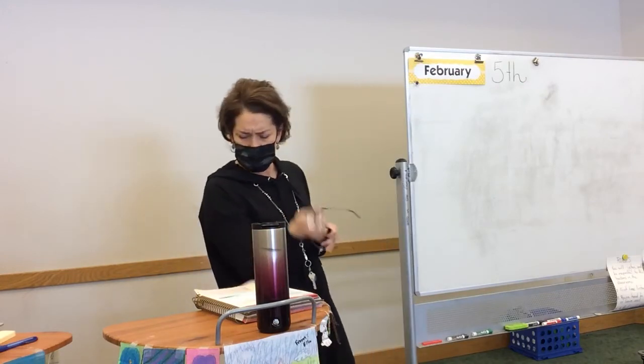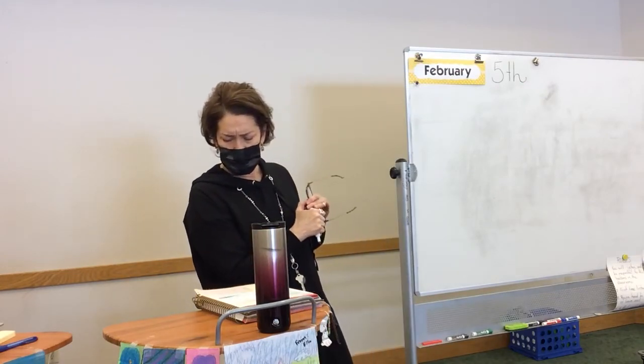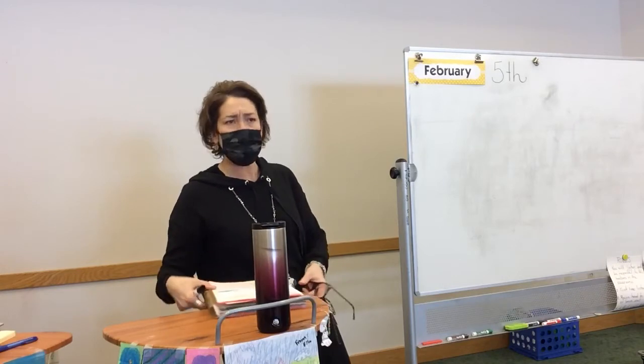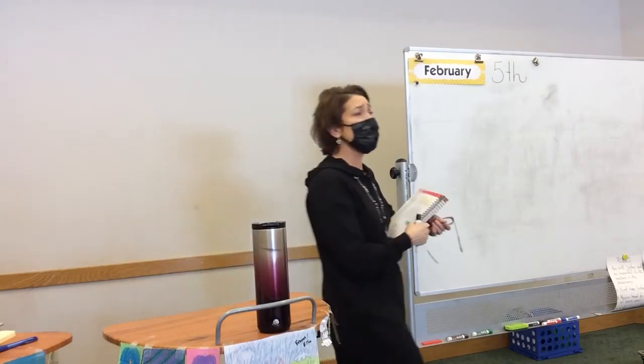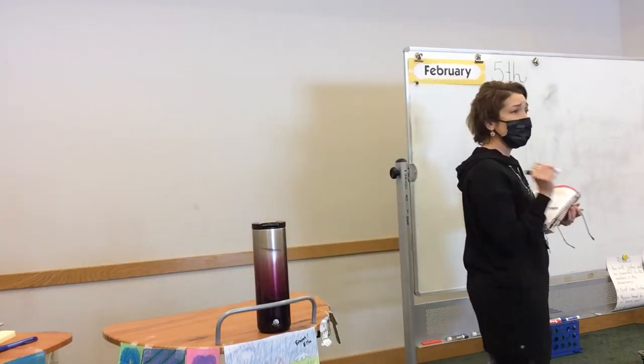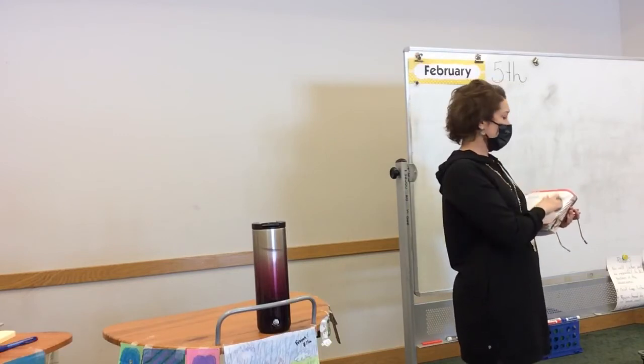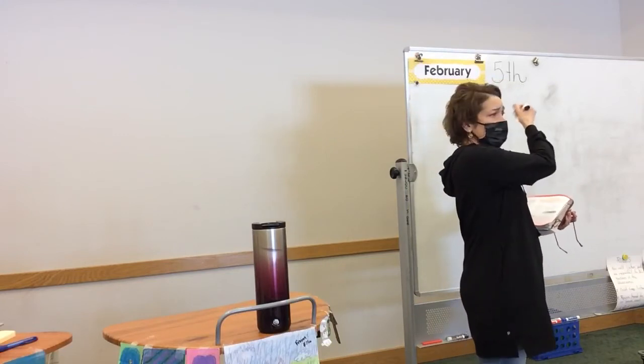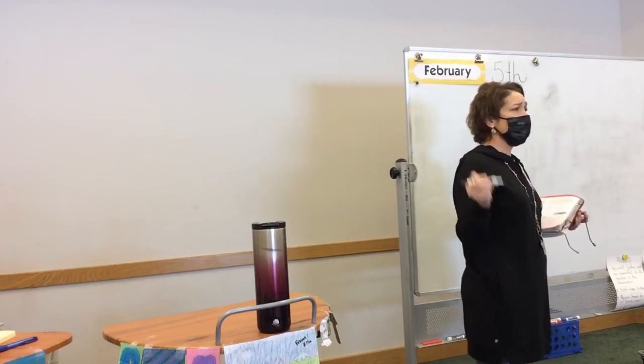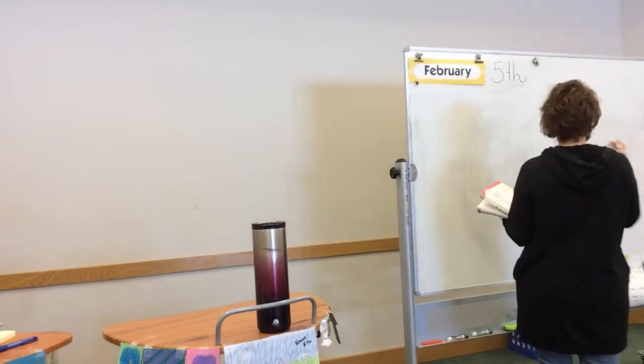So I'm going to write a problem, and as someone is doing it on the board, I want you to work on it in your book. Very important that when we're working in the book and we're also working on the whiteboard, that you're following along and working with the person on the whiteboard, okay?